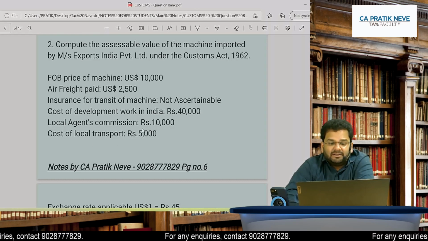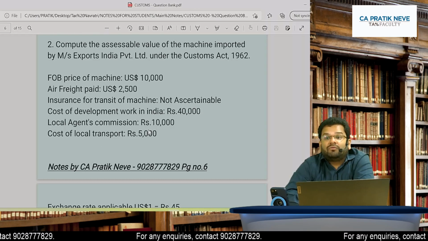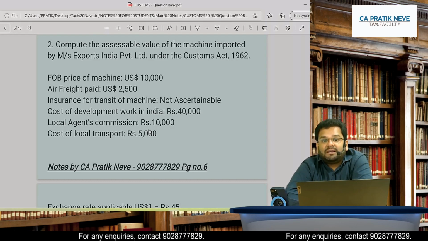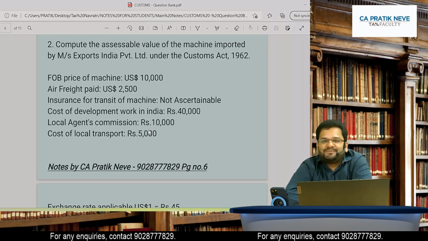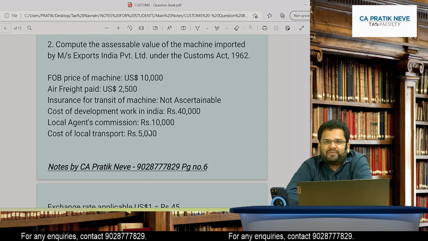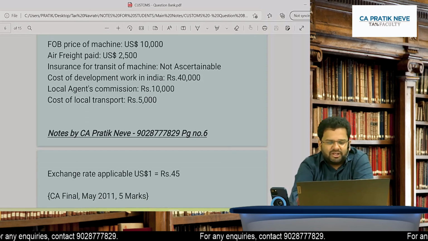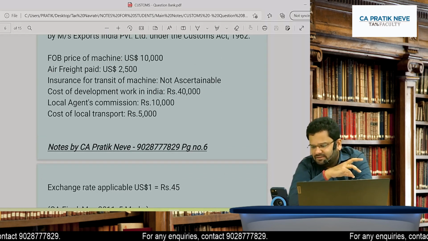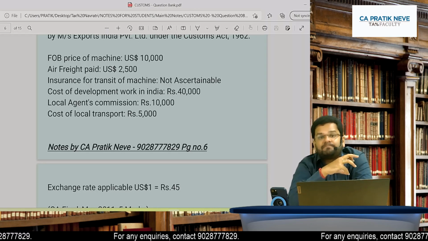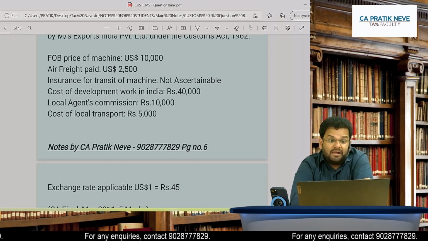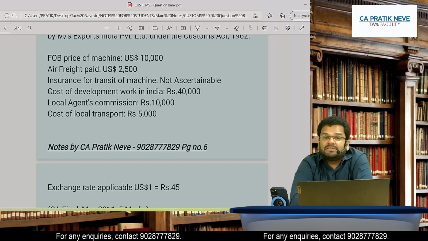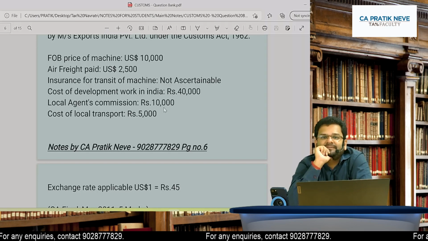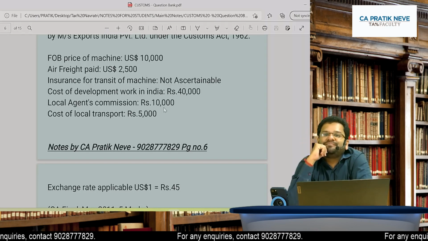Now friends, this 10,000 is the adjustment of Chaitanya 10.1. So the 10.1 adjustment should be done to get FOB as per customs. What's the rate of exchange? 45. The problem here is that the FOB price of the machine is in dollars, but the local agent's commission is in rupees, and you have to add both of them.